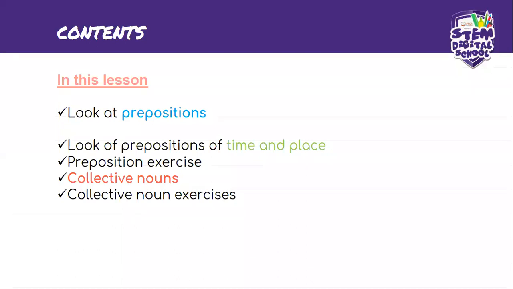No problem. Let's look at the contents again. In this lesson, we will look at prepositions of time and place, the prepositions exercise, collective nouns, and the collective noun exercise. Let's continue.